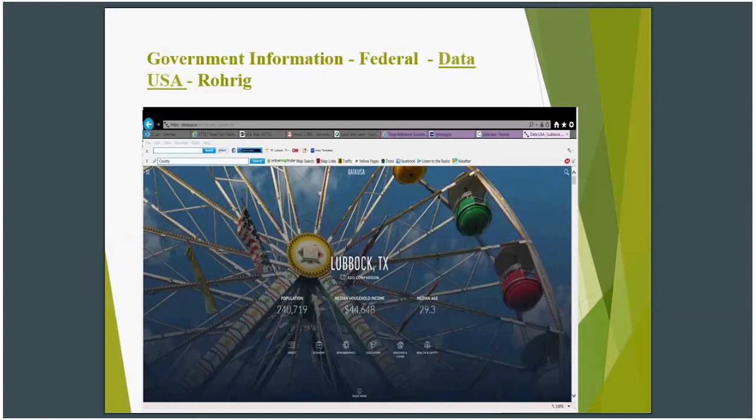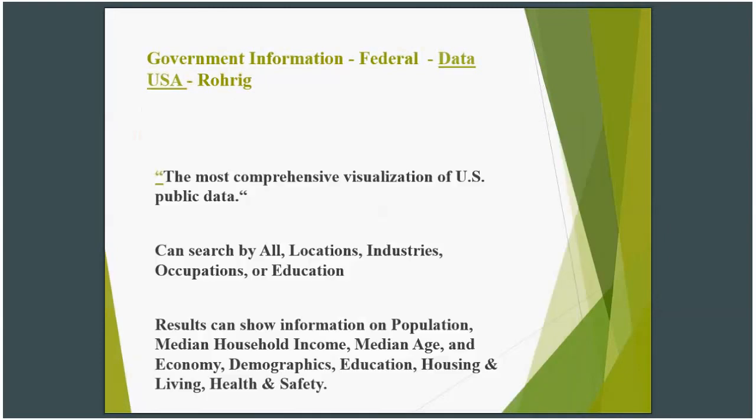And then down below you can see there are links if you want to find more about demographics, education. So this is a good example of the type of resources that are becoming available to visually display community profile information.